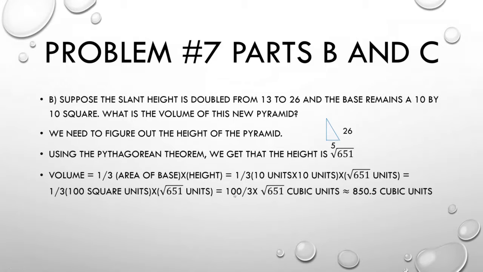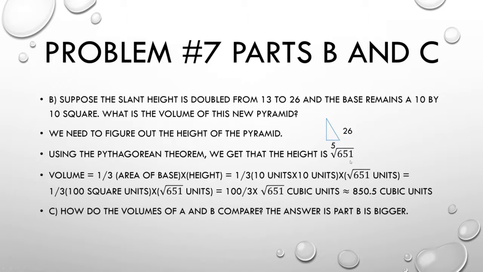And that gives us 100 over 3 times the square root of 651 cubic units, or in other words, approximately 850.5 cubic units. Part C asks, how do the volumes of A and B compare? And we can say that the answer to part B is bigger.